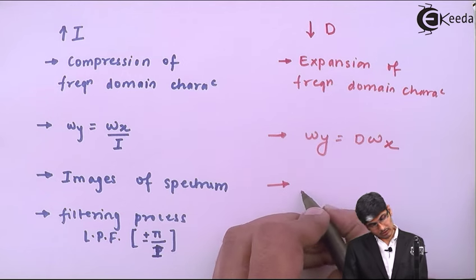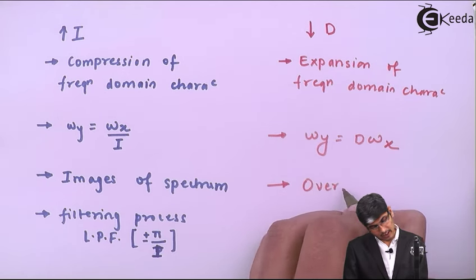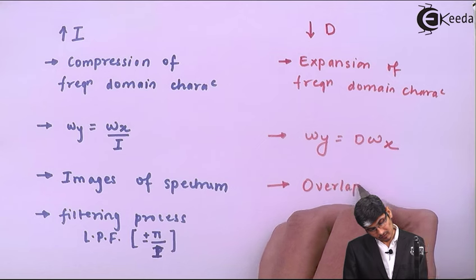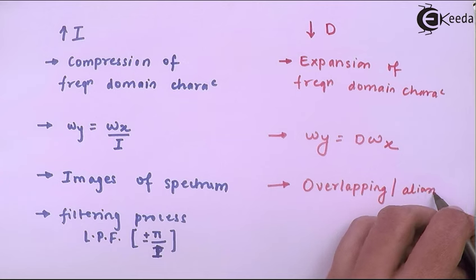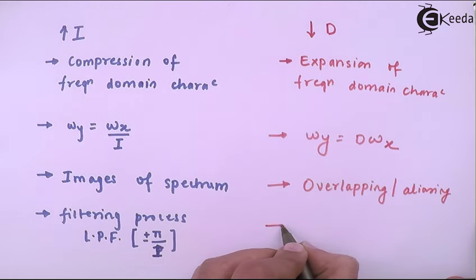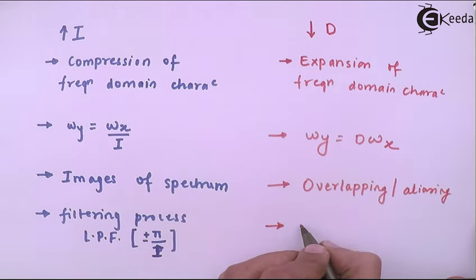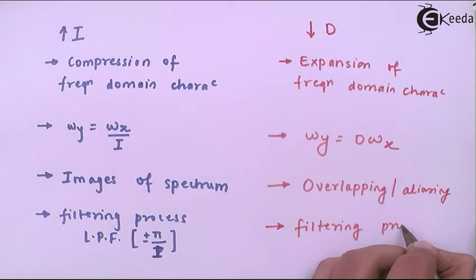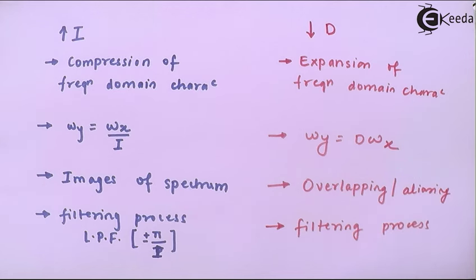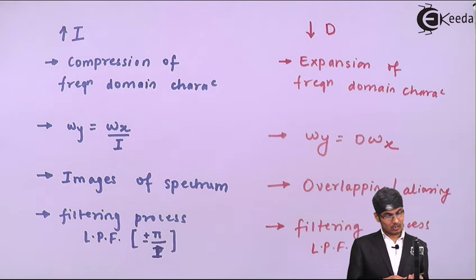Over here there will be spreading and overlapping, which will give me aliasing, and finally, to avoid aliasing, I will restrict my input signal by passing it through a filter, which is normally a low pass filter, to avoid the overlapping.